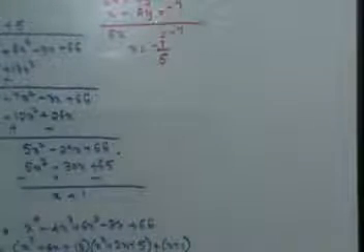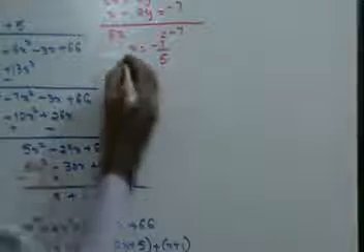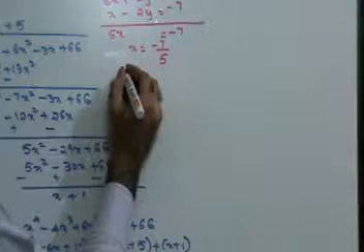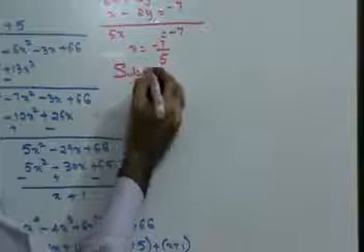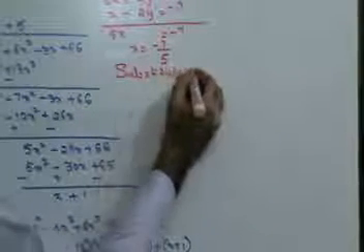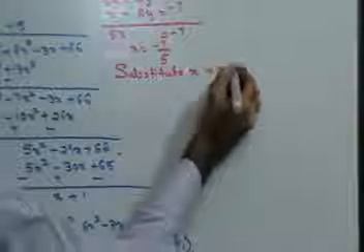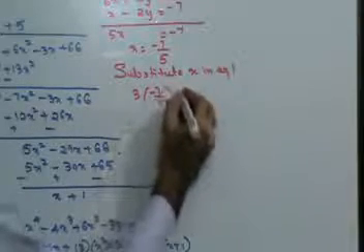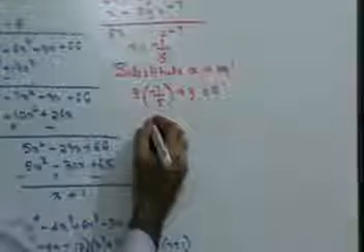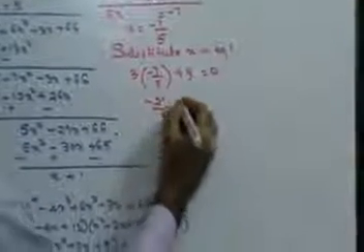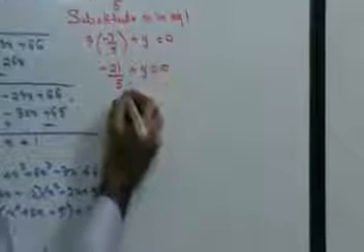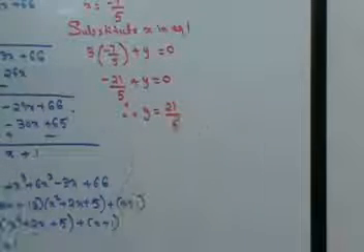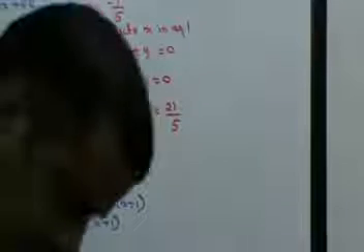Once you get the value of x, substitute the value of x in any equation. Say let's assume I substituted in equation 1. Substitute x in equation 1. So I'll get 3 into minus 7 upon 5 plus y is 0, minus 21 upon 5 plus y is 0. Therefore y is 21 upon 5. Right? Let's see another sum, guys.